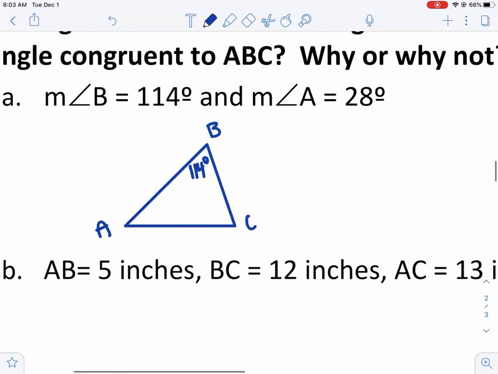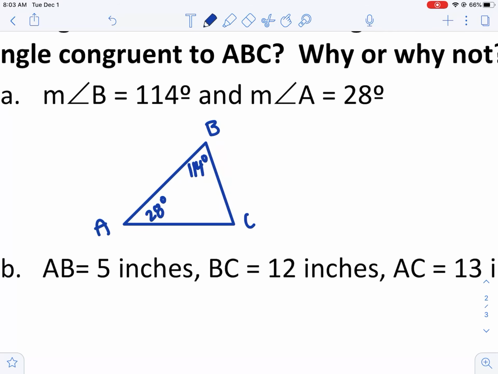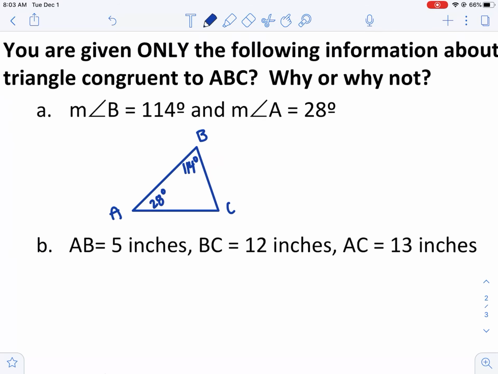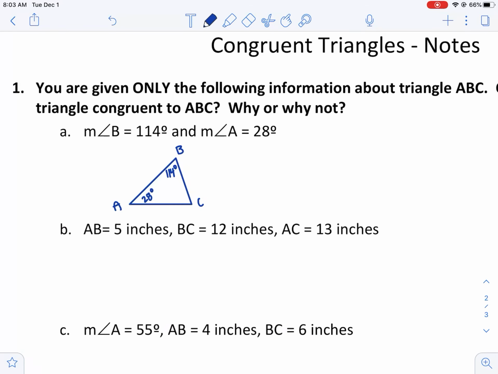I know that A is 28 degrees. And then from our third angle theorem, we could state that C, let's do some math, 114 plus 28, 142, and that C is equal to 38 degrees.